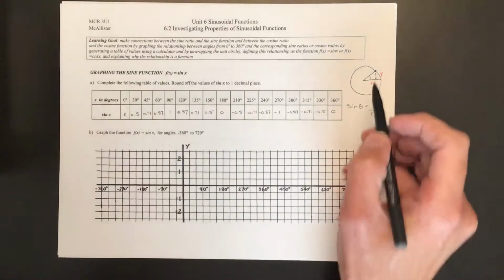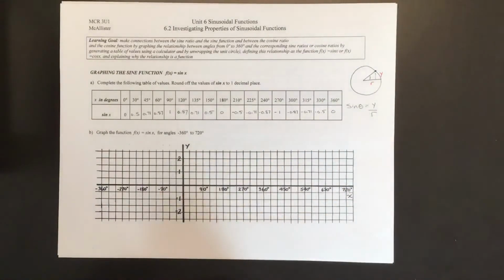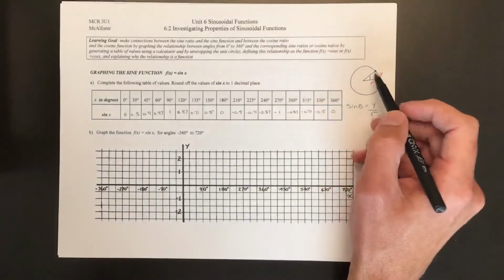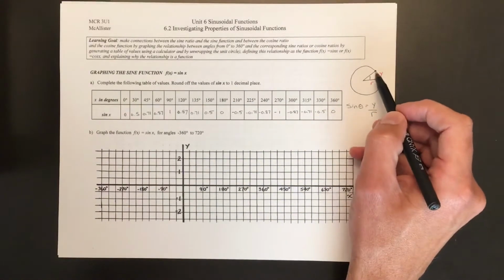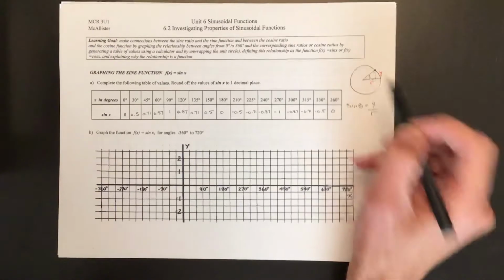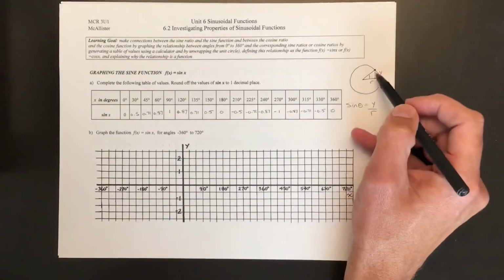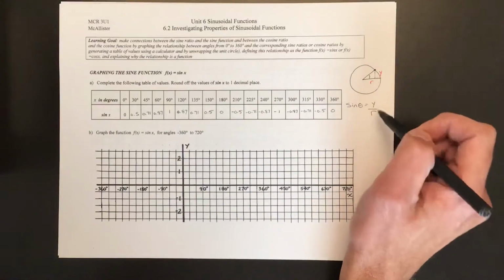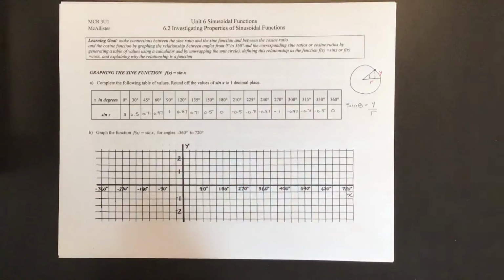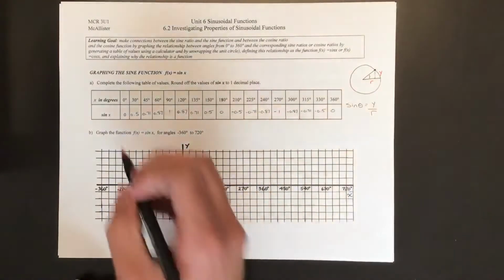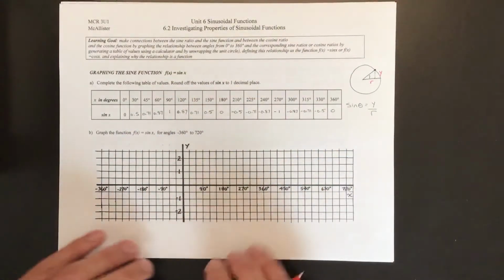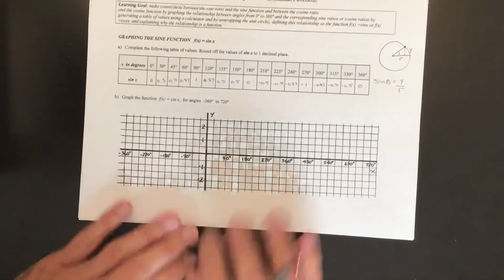The radius of our unit circle and our y value, as we go from our point on that circle down to our x-axis. So we're taking that y value of our triangle and dividing it by the radius of our circle. And we get these decimal points. So I'll go ahead and graph those.